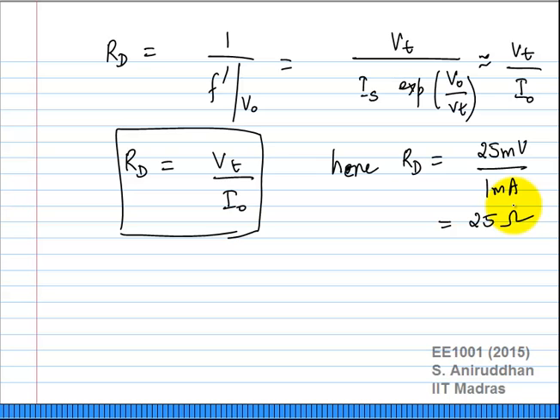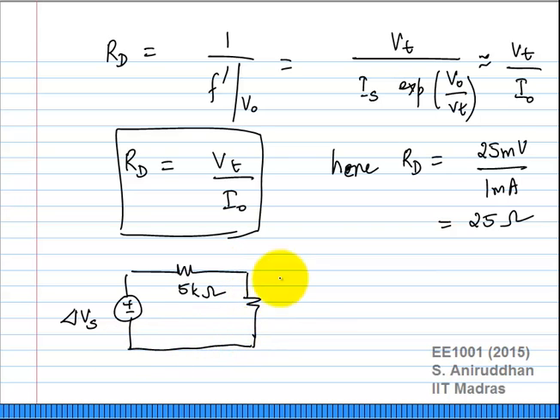Which means my circuit now is a very simple incremental equivalent circuit. I have delta Vs. I have a 5 kilo ohm resistor and I have a 25 ohm resistor.